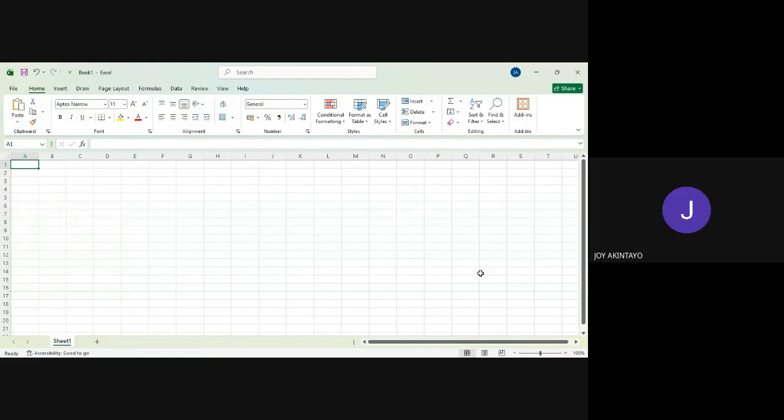Can you see my screen? Yes. So what do we do here? We say cash account.